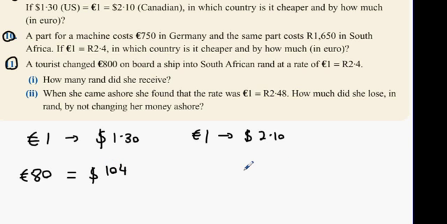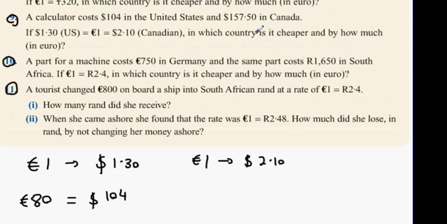Everybody happy with that? So in the Canadian one, it costs $157.50. Are we expecting that to be a bigger number or a smaller number when we convert it into euro? It's going to be smaller, because 2.10 is bigger than 1.